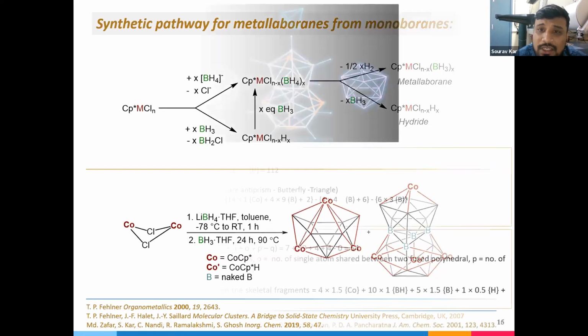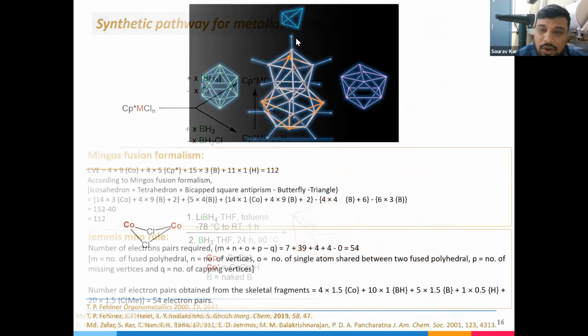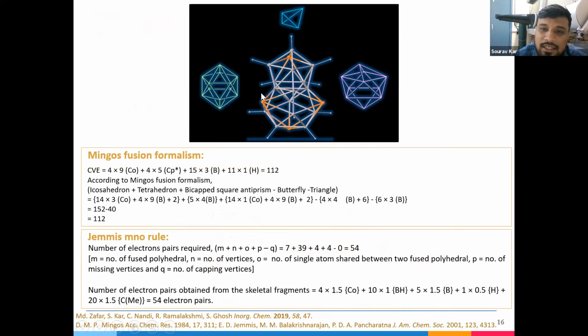But unfortunately, this 16 vertex cluster is not a single cage cluster; it is a fused cluster, where one icosahedron, one tetrahedron, and one bicapped square antiprism are fused by 3 triangular faces. And this cluster nicely obeys Mingos' fusion formalism and the Jemmis mno rule.